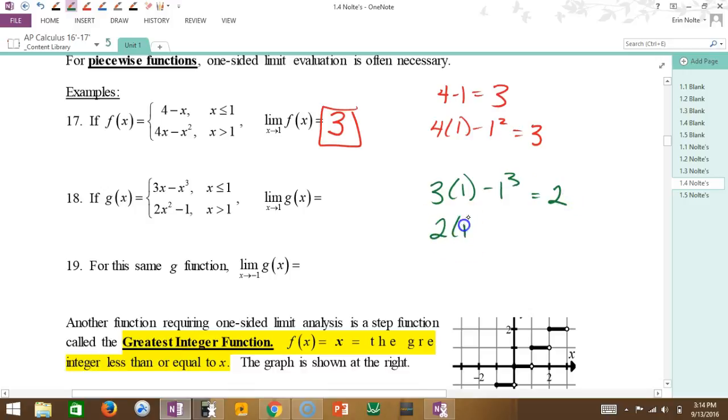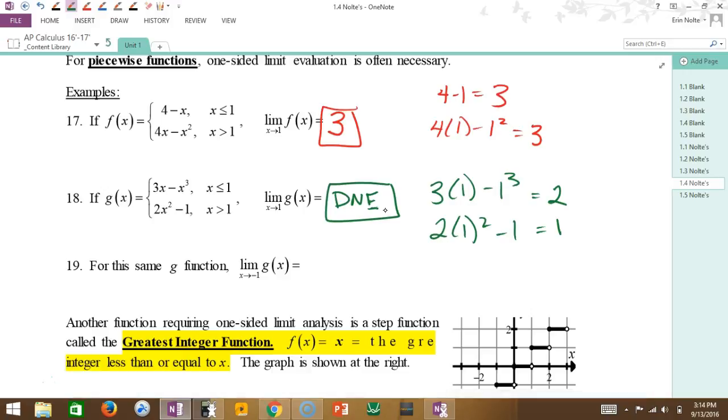And 2 times 1 squared minus 1, which is 2 minus 1, which is 1. Okay, so in this case, the left side is approaching 2, the right side is approaching 1, so therefore, the limit does not exist. They are not approaching the same value from both sides.